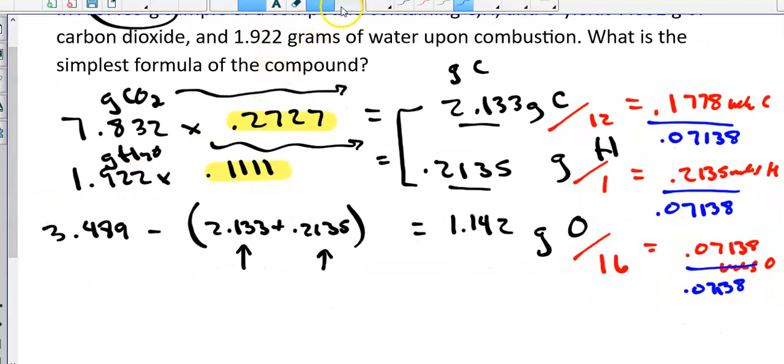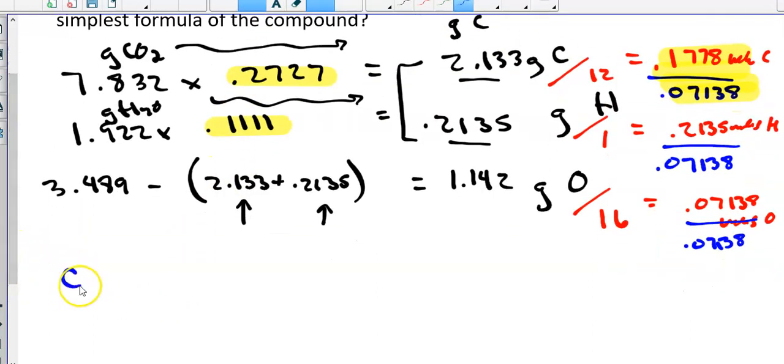When I did this math, for my C I got 2.5, for my H I got 3, and for my O I got 1.